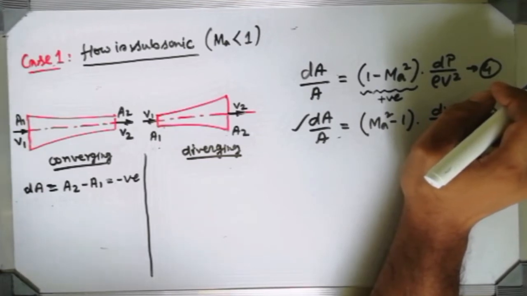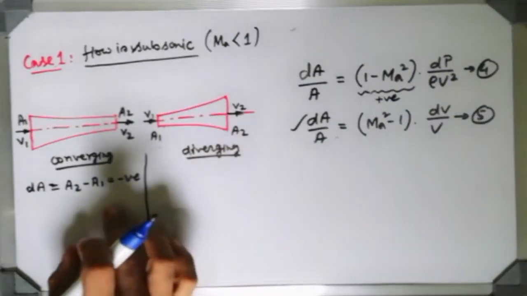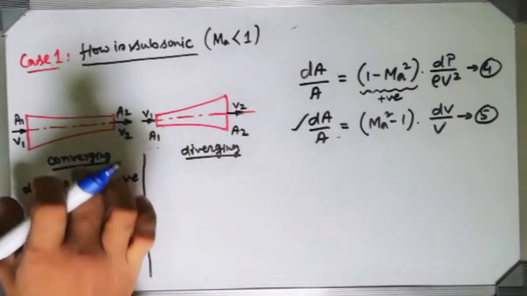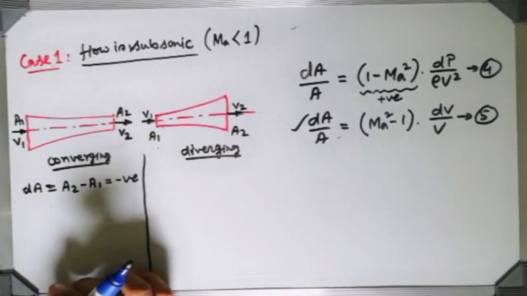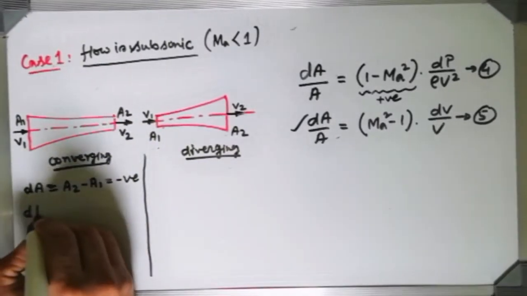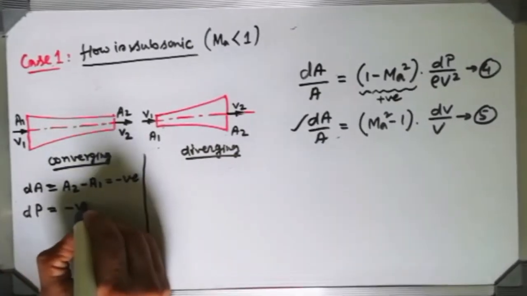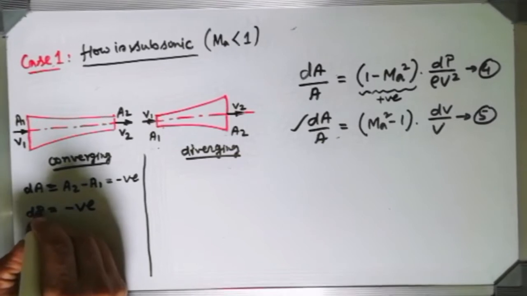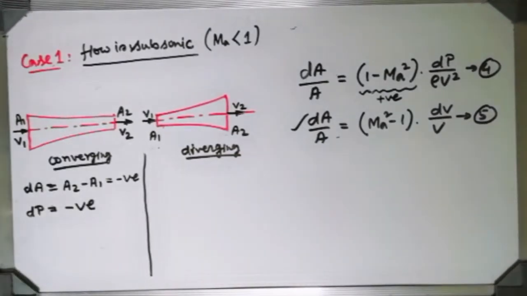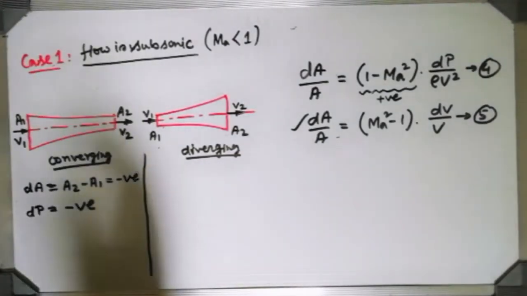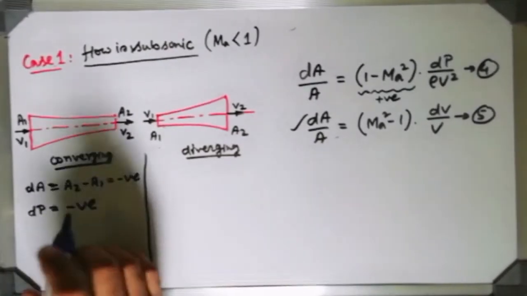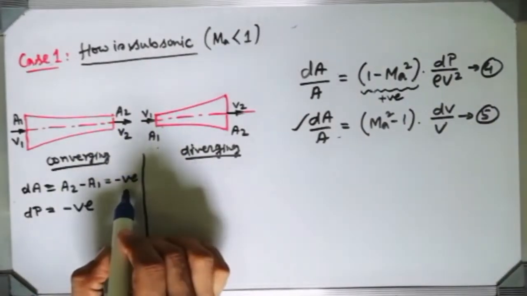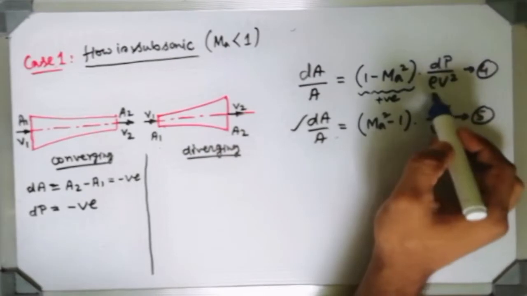That means if dA gives you a negative result for a converging section, then dP also gives you a negative value. This is a simple conclusion we can draw. Just try to feel the thing. For a converging section dA is negative, dP is also negative.